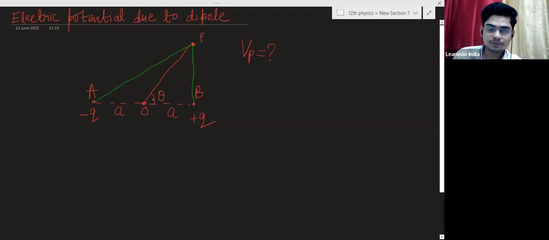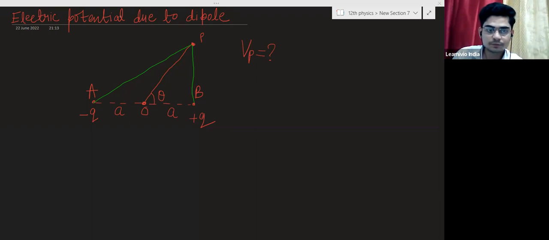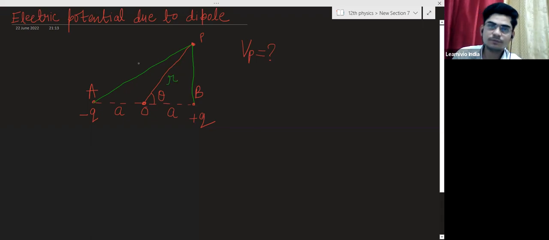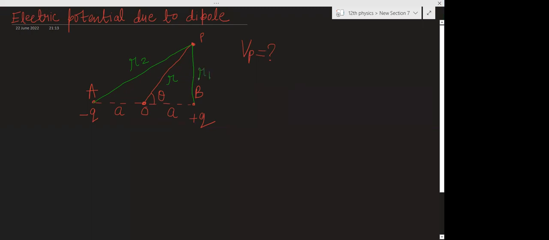One thing more: this distance OP is r, and I am taking AP as r2 and BP as r1. Okay. Any problem?